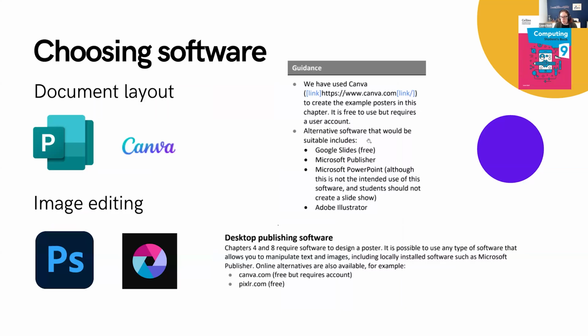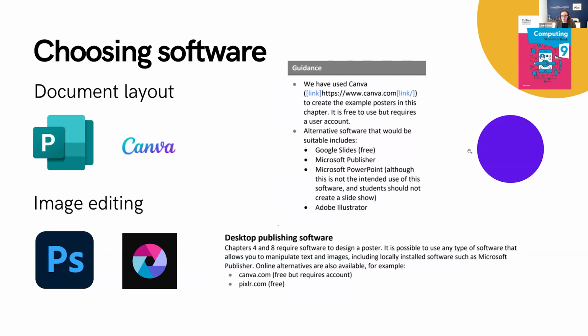So when you are choosing the software, there are different ones that we have suggested in the guidance. In the teacher's guide, which comes for each of the books, there's a whole teacher's guide here with lesson by lesson what you should do and all the answers and everything like that. But there's also guidance about what software to use.